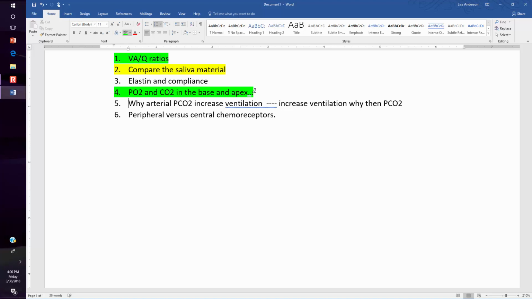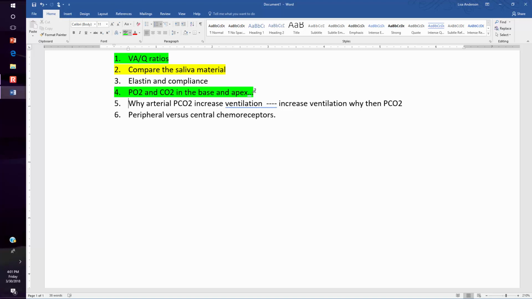If we just look at the apex and we look at the ratio of air and blood, ventilation and perfusion, there's more air than blood. Both of those two numbers are lower than the two numbers we'll see in the base, but in terms of a ratio, the ratio is weighted towards ventilation.